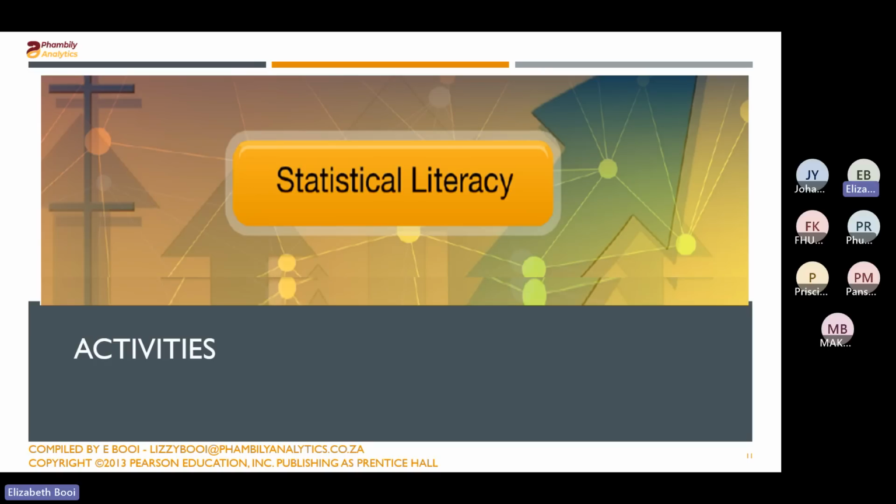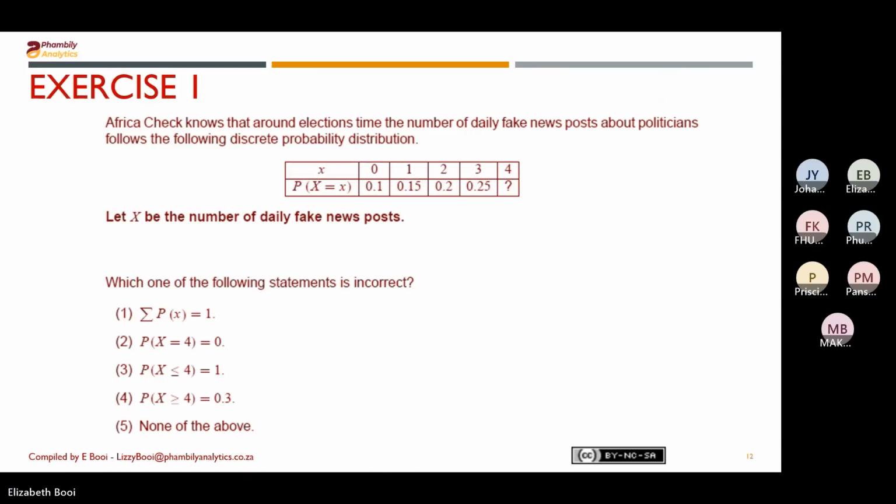Let's look at the activities for today that you need to do yourself. Africa Check knows that around election time, the number of daily fake news posts about politicians follows the following discrete probability distribution.